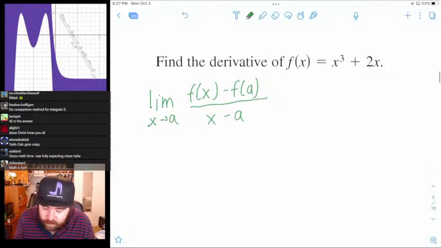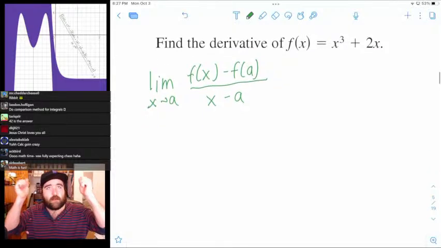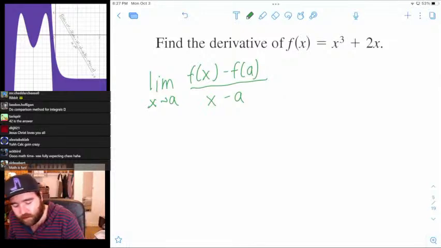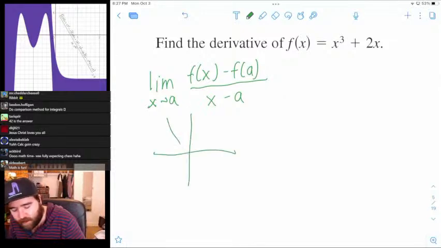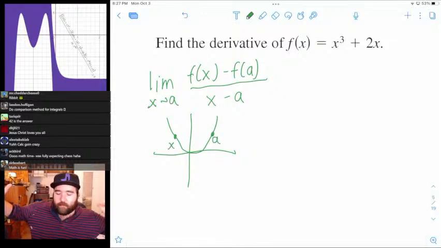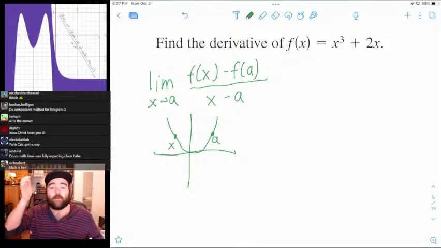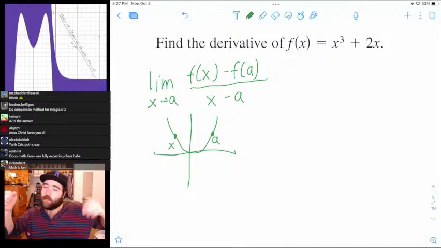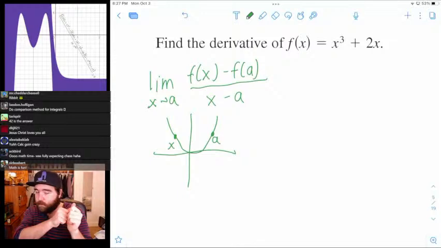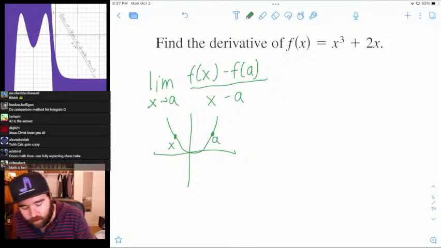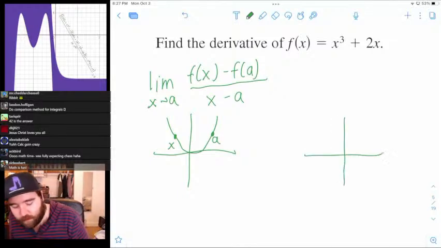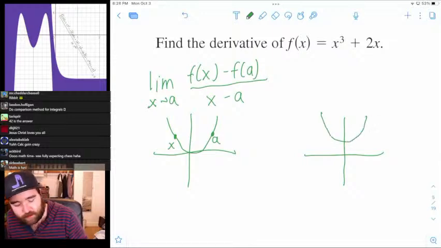So that's not the idea that I usually think about. The idea that I usually think about is instead of thinking about it as 2 different points, you can see our diagram. If we had this is our point x, and this is our point a, and we're thinking about making them closer together. We're thinking about turning x into a. But the other way to do it is really the same idea, just slightly different.